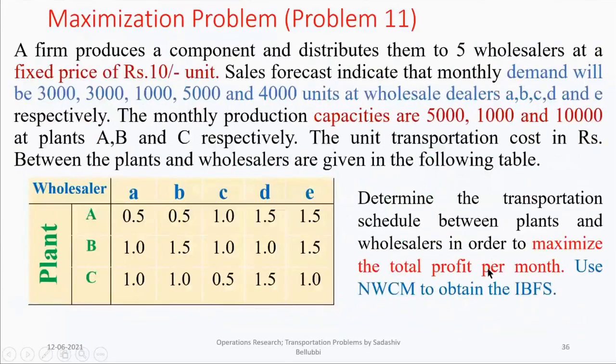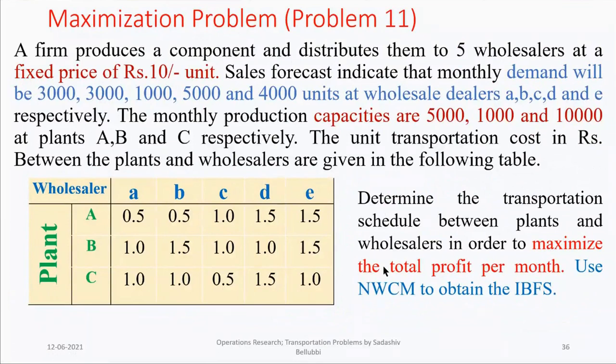See, here the problem is given: a firm produces a component and distributes them to 5 wholesalers at a fixed price of ₹10 per unit. Sales forecast indicates that monthly demand is 3,000, 3,000, 5,000 and 4,000 units at wholesale dealers A, B, C, D and E respectively.